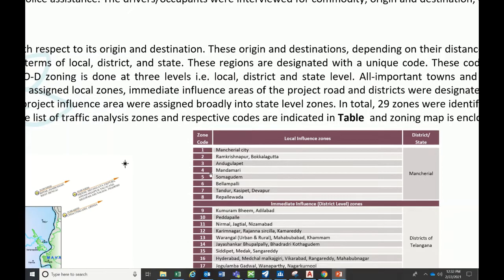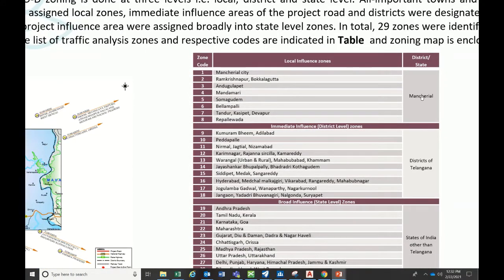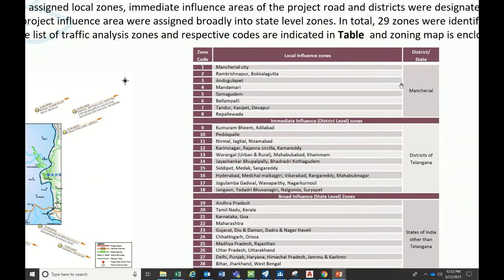Now, this is in Telangana state, so important Telangana districts should be connected with the Mancherial district. They have given numbers for the nearby districts, 9 to 18. After that, this Telangana state is connected to some other states, that is Andhra Pradesh, Tamil Nadu, Karnataka, Maharashtra, and some more.